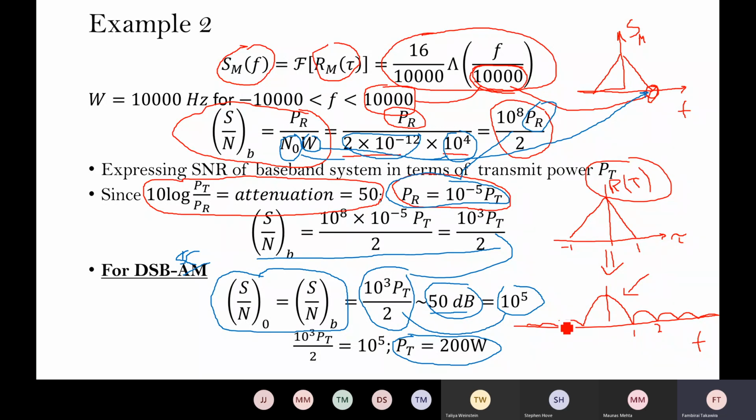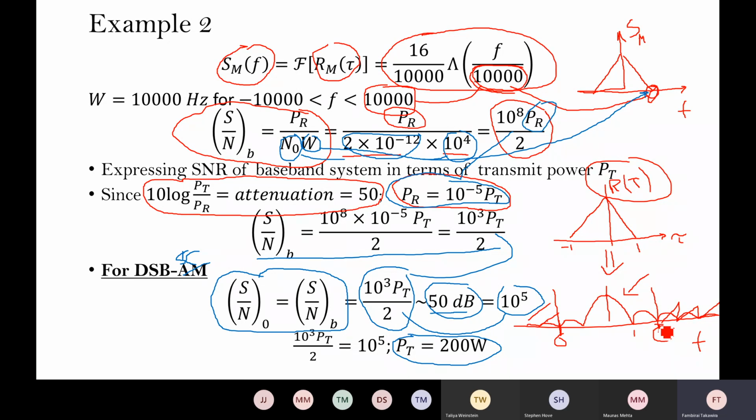Let's say you truncate it here and here, which means you are excluding those components there, and all the components on this side. Then this would define what your bandwidth would be. Well, this is negative frequency, and so this essentially defines your bandwidth.